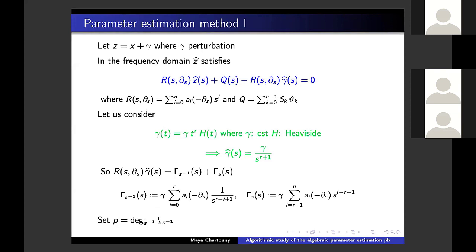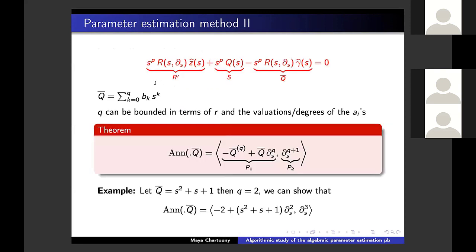If we set p this degree, and we multiply the equation in blue by s to the power p to normalize the equation, we will get the equation in red.